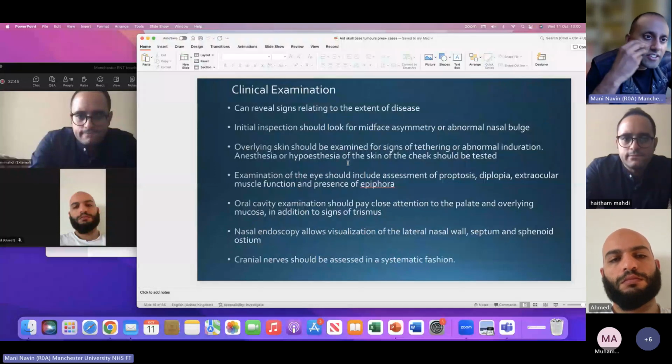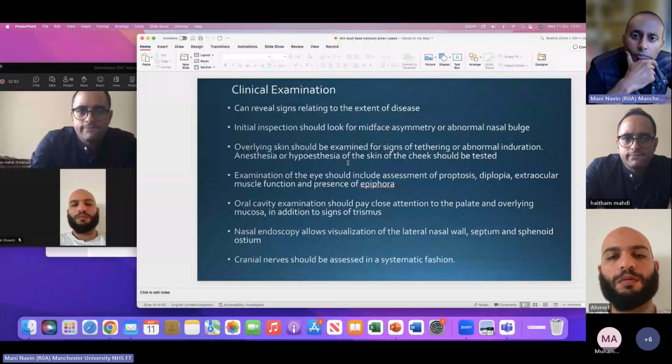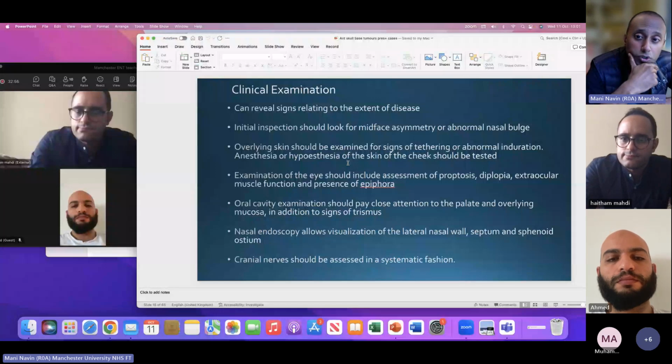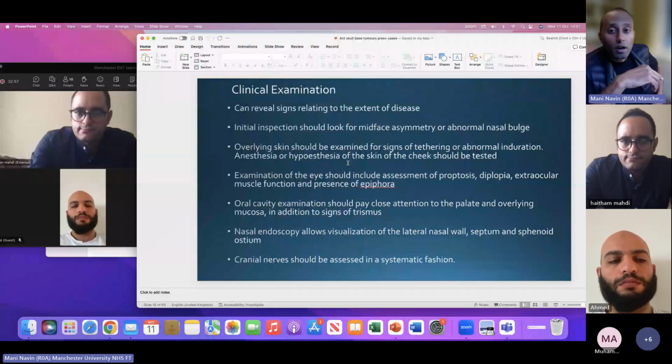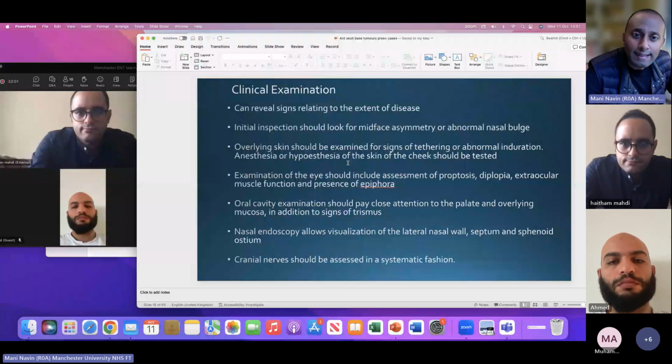Sometimes you might find facial asymmetry, a bulge in the area of the maxilla, reduced sensation in V2, reduced eye movements, particularly the medial rectus, or proptosis of the globe. You might see a bulge in the gingival sulcus superiorly, or other evidence of palate erosion.